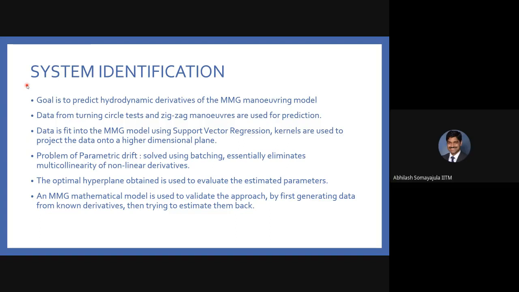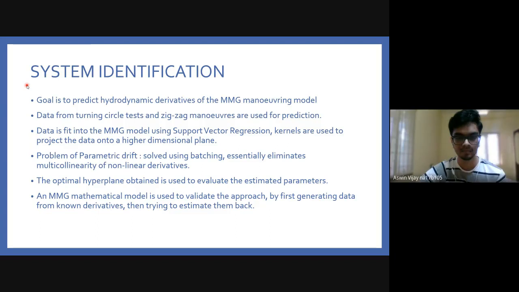Okay, all right. But that's kind of what you're trying to say is, suppose I have two hydrodynamic derivatives. One is YR, and let's say the other one is YRV. So I have these two derivatives which I want to identify. And I think that's the other portion which you want to mention clearly.